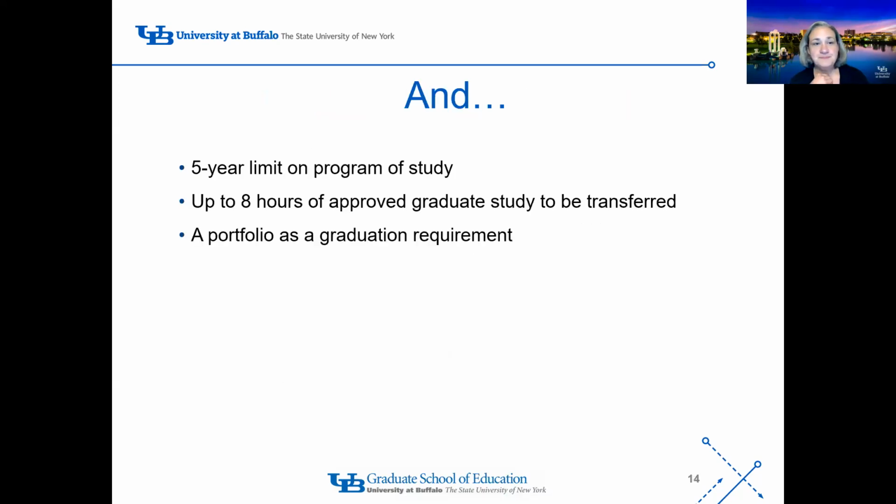Next slide. So again, there is a 5-year limit, but we can petition for a longer time if you need it. Again, same transfer, what's the word I'm looking for? Policy. Thank you. So same transfer policy. And we also have a portfolio. It includes a few other things that aren't part of the MS in ILS portfolio.